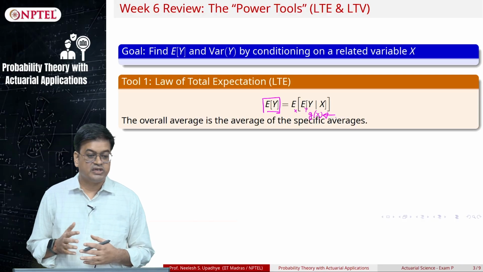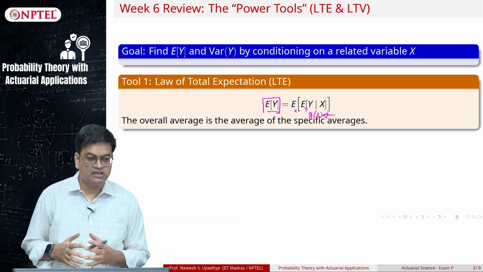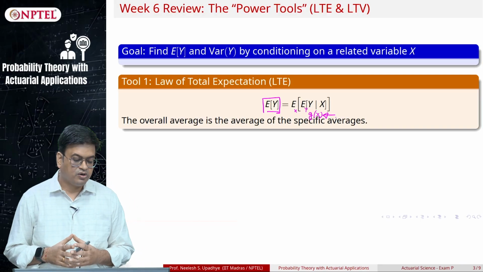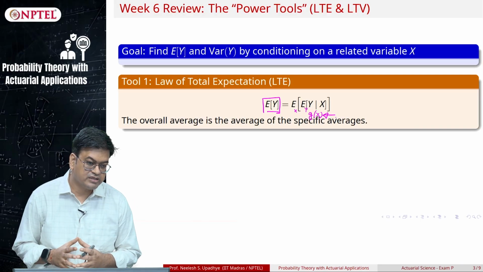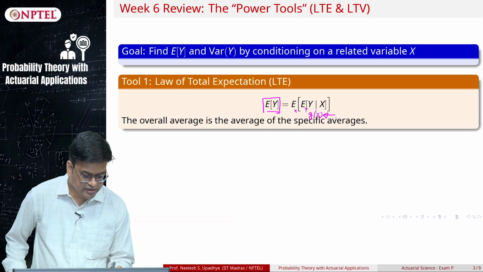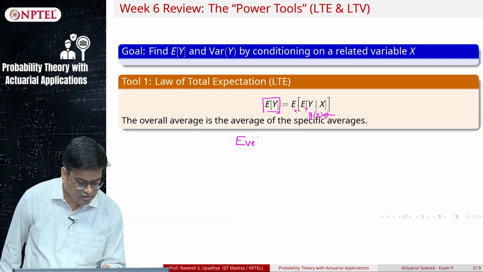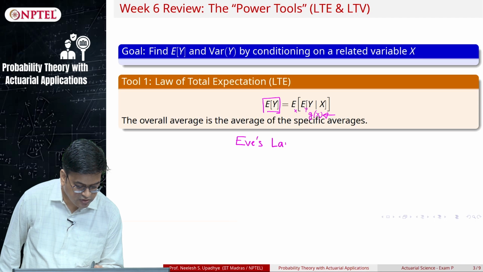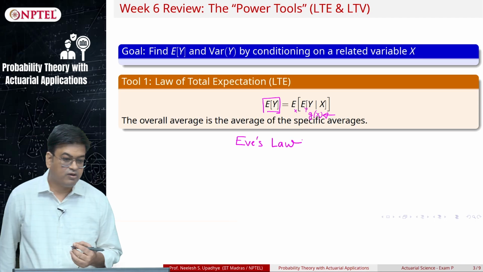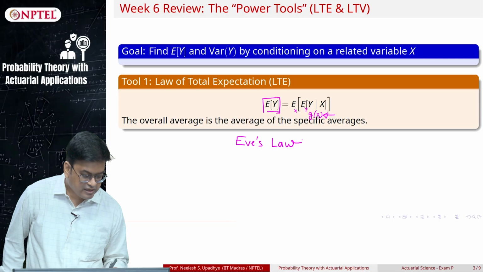Building on this, we explicitly derived the law of total variance, and that law is very special. We called it Eve's law. What is Eve's law and why do we call it Eve's law? Let us define it.